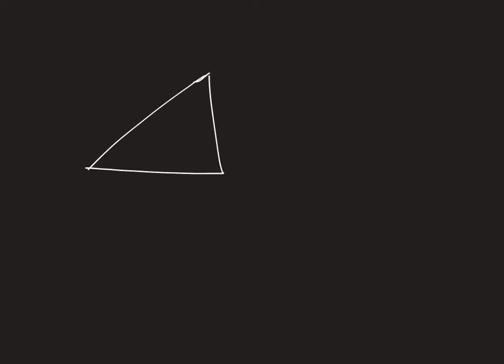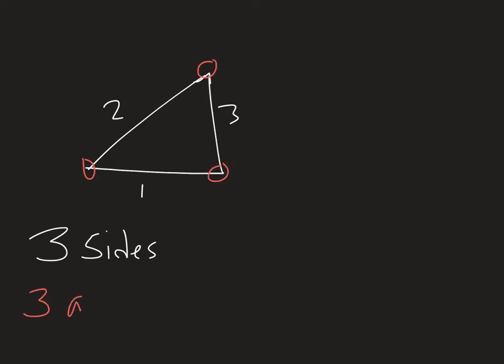Do you know what shape this is? Let's see. It's got 1, 2, 3 sides and 1, 2, 3 angles. So this shape is known as a triangle.